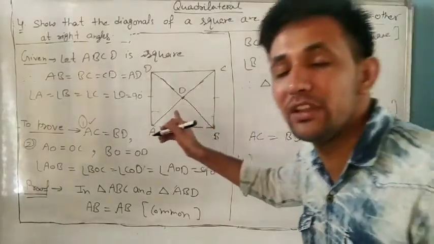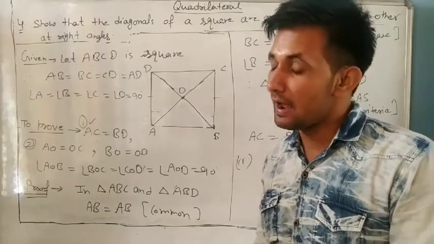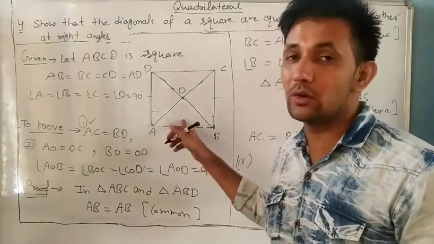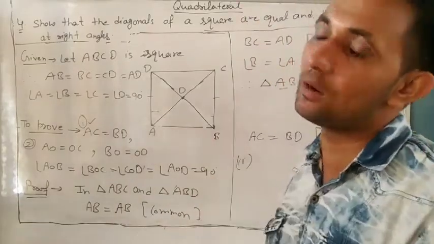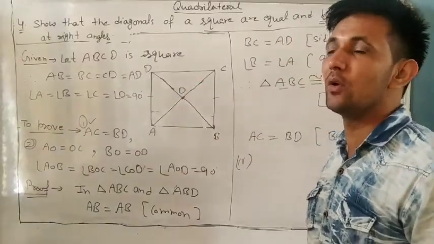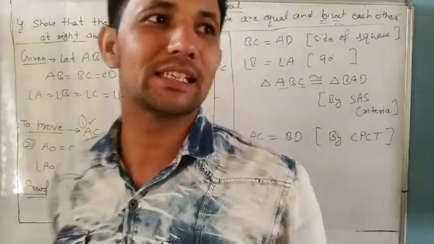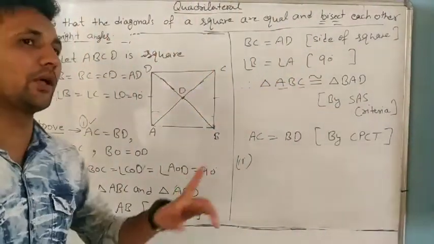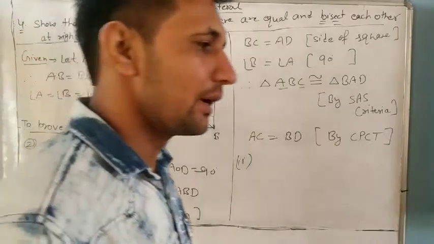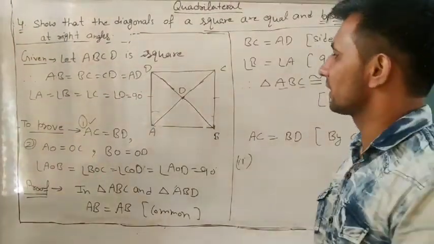It means every square is always a parallelogram. And if it is a parallelogram, by the parallelogram property we know the diagonals of a parallelogram always bisect each other. Understand or not? Diagonals of a parallelogram always bisect each other.